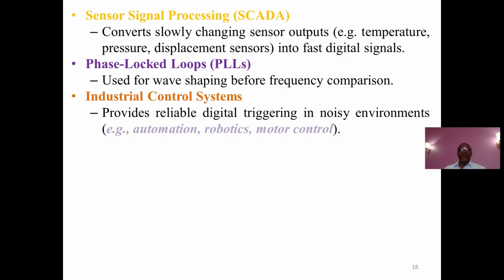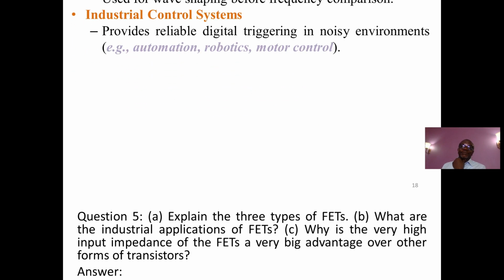And if you have noise around that will penetrate the signal, you make use of the Schmitt triggers so that those unwanted noise or signals will not affect the operation of your system.